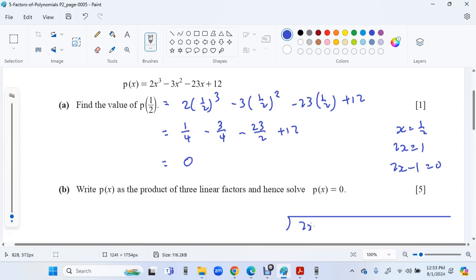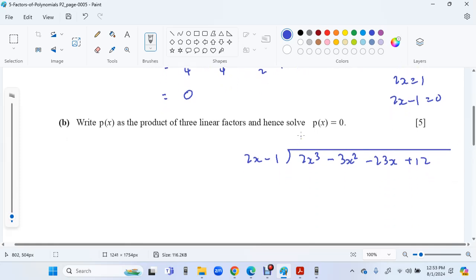So we have 2x cubed minus 3x squared minus 23x plus 12. Then we have 2x minus 1. So this one we divide, giving x squared. Then it will become 2x cubed minus x squared. So negative 3 minus negative 1 will be negative 3 plus 1, negative 2x squared, minus 23x.